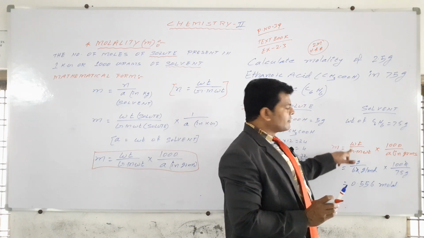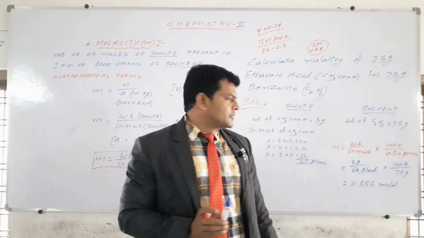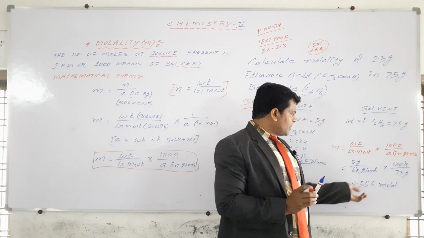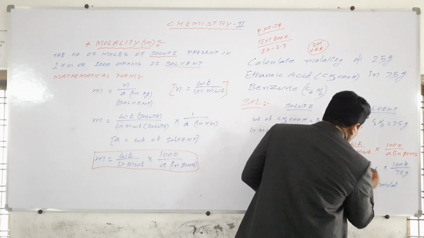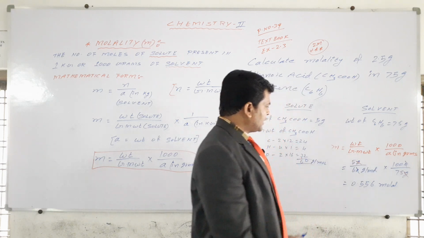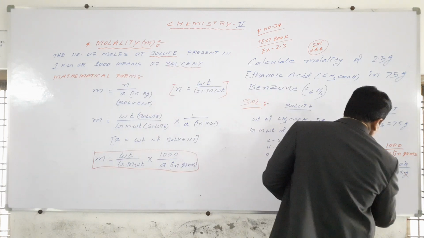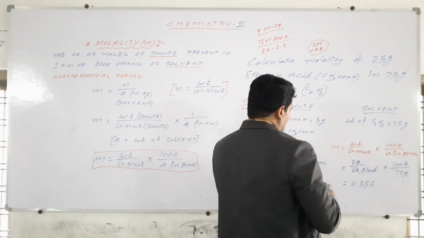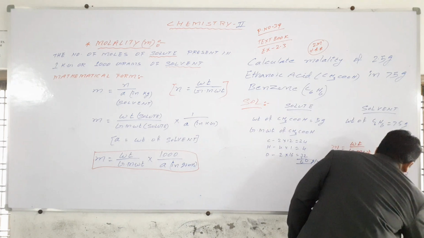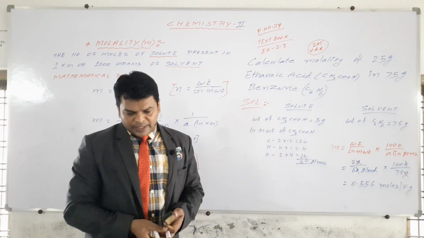Formula: molality equals weight by gram molecular weight into 1000 by A in grams. So this is 5 by 60. On simplification, grams cancel, the zero cancels, and the unit is moles per kg.